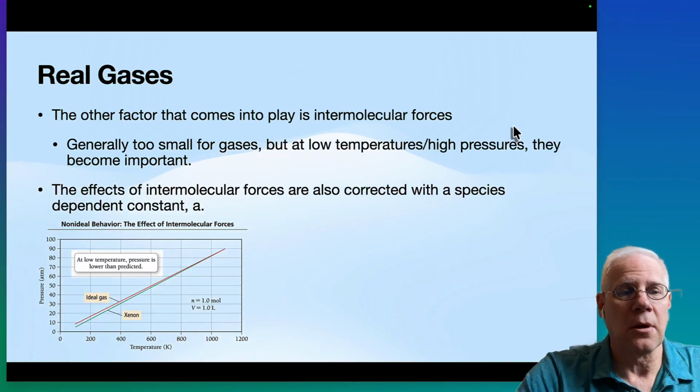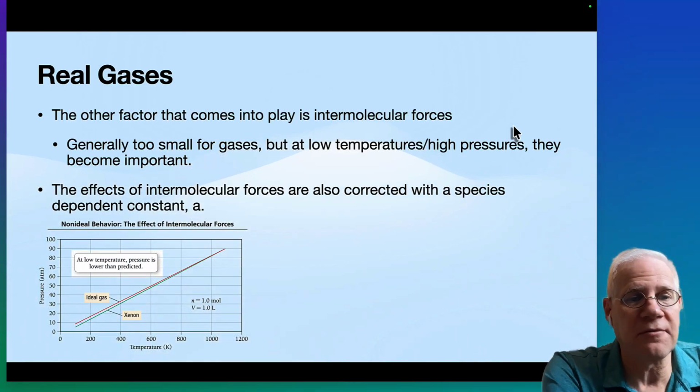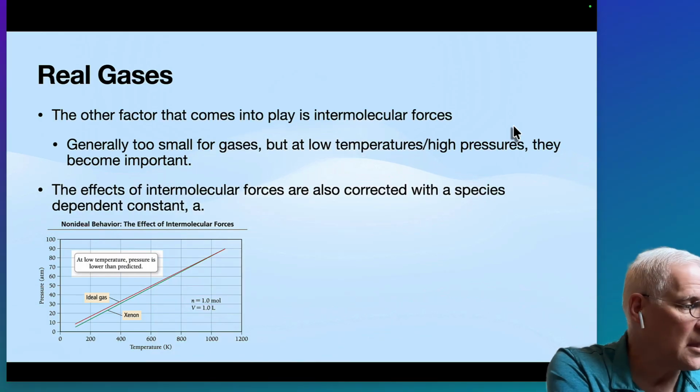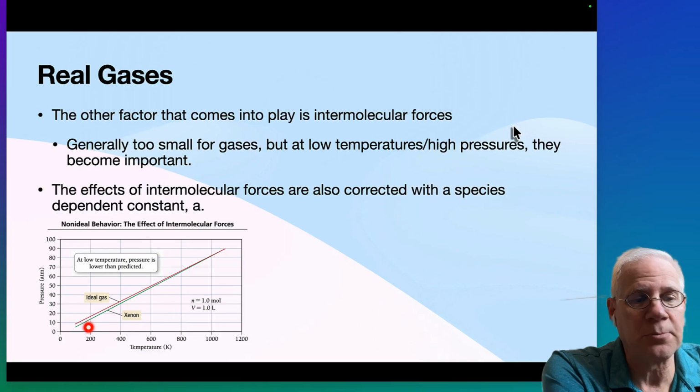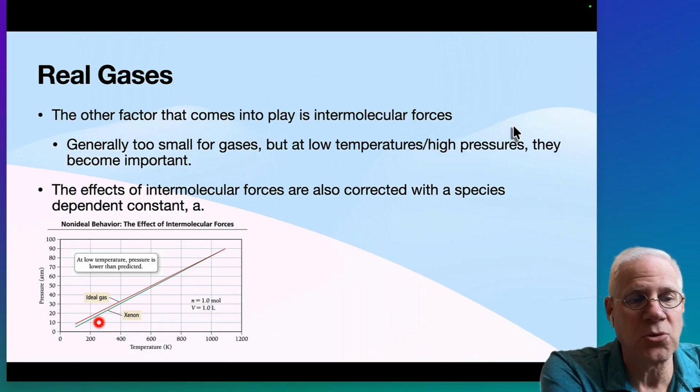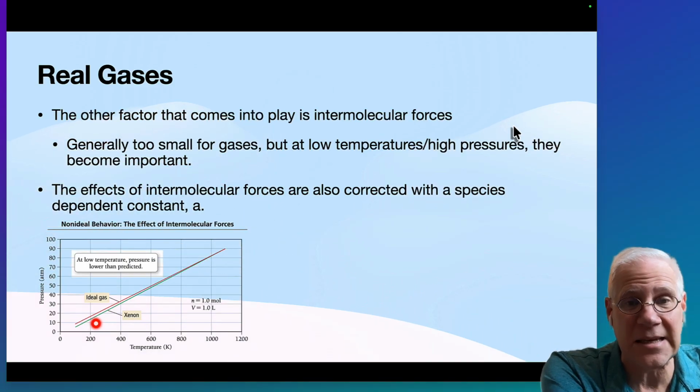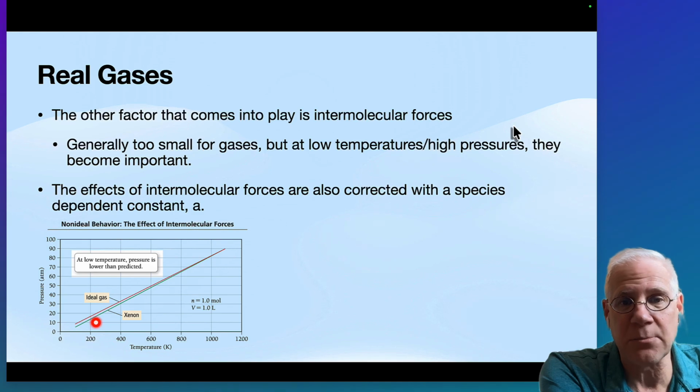And so here, under non-ideal behavior, we can see the effect of intermolecular forces, and we see that they are generally a subtractive force. If we look at pressure instead of volume, because those intermolecular forces between molecules are making them stick together, they generate less pressure.